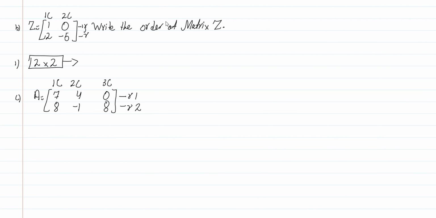Now write it down in order form. First you have to write down the rows. Rows are two and columns are three, so 2 by 3 is the order of matrix A. Okay, so this is a very easy concept.